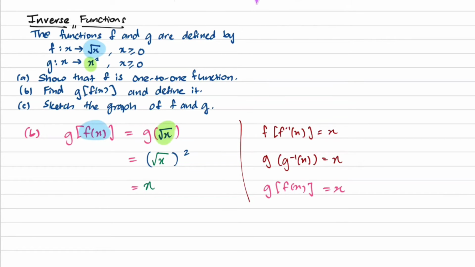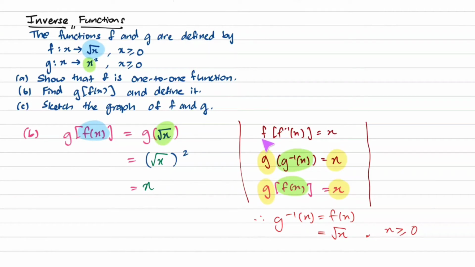Try to compare. What can you see? I can see that we have the same g in front and we have them equal to the value of x. So what does that mean? This implies that g inverse is equal to f. So we can write a conclusion saying that g inverse is actually equal to f(x). Or we can also write the function f(x) here. Without finding the g inverse, we know that the g inverse is actually equal to surd of x.